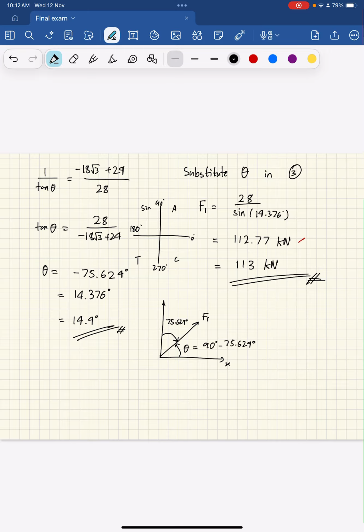Yes, okay. So if tan negative, negative 77, so this one is 75.264. So this one should be how much then?